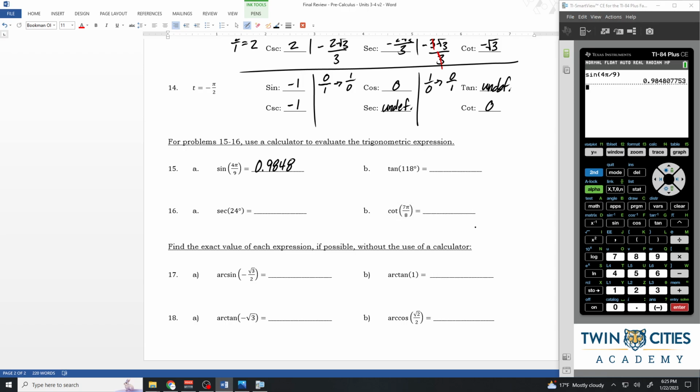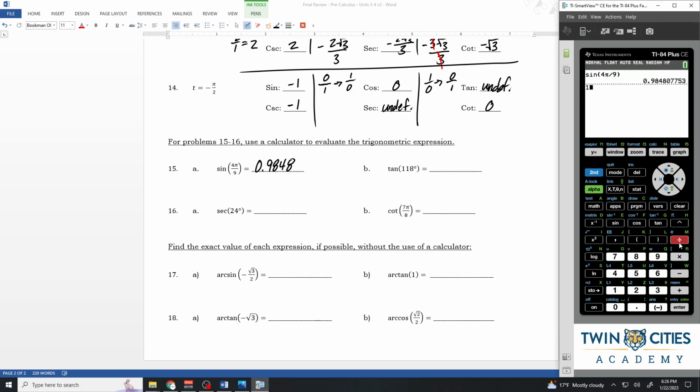Now, you'll notice that I've only got sine, cosine, and tangent here on my calculator. And if I hit the second key, this only gives me sine inverse or arcsine, cosine inverse, and tangent inverse. So there's got to be something else I can do. Well, recognizing that tangent and cotangent, as we talked about in the last two problems, are reciprocals of each other, rather than doing the cotangent of 7 pi over 8, which I can't do in my calculator, I can say cotangent is the same as 1 over the tangent.